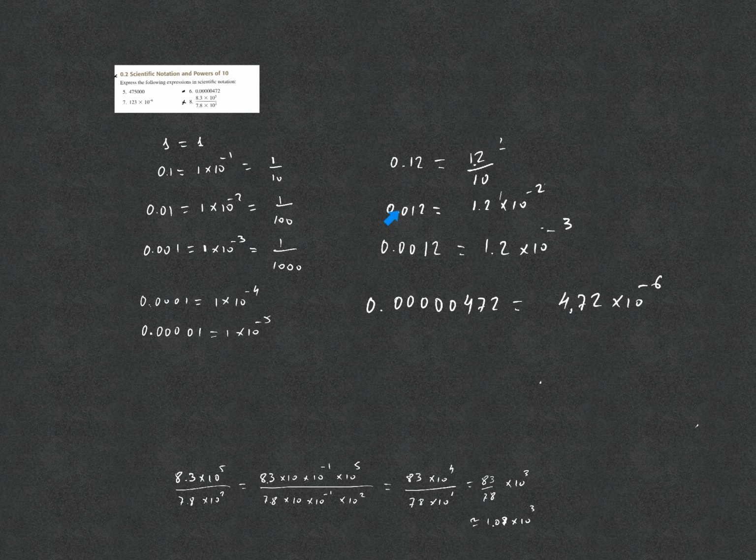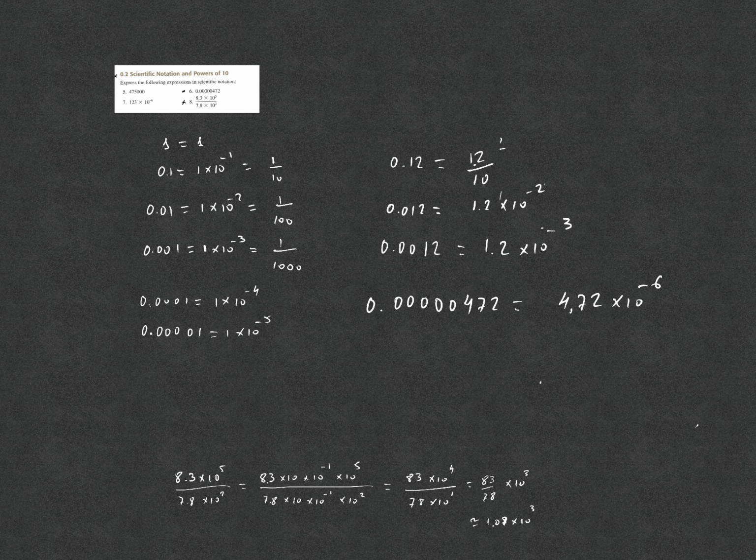I move the point to the right and create a factor of 10 to the minus 1, and again 10 to the minus 2. So you see how it works. The point is going to go to here, to 1.2. Moving the point to the right generates a factor of 10 to the minus 3. So 1.2 times 10 to the minus 3.